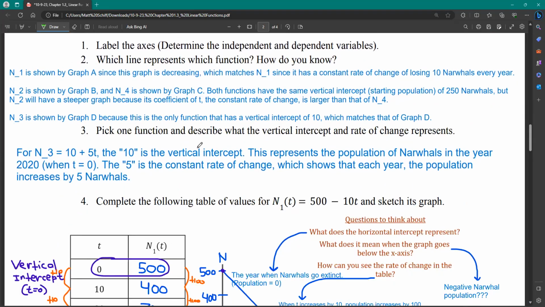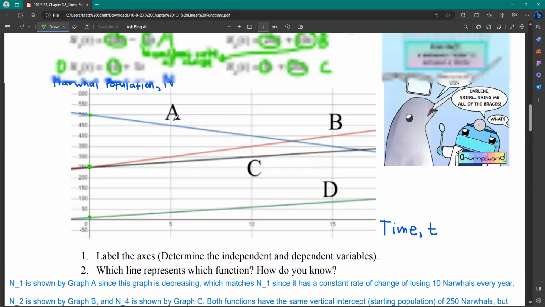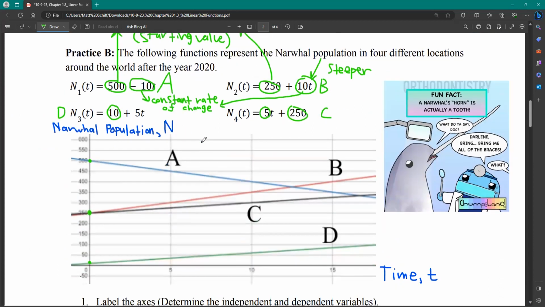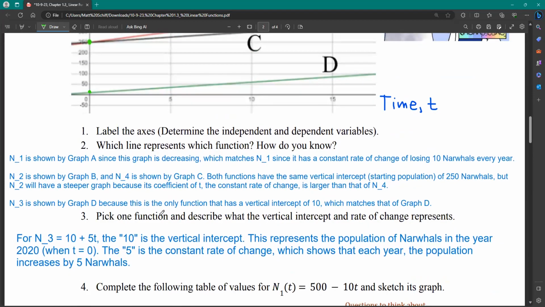Now, because this is a word problem, the vertical intercept and the constant rate of change have meaning, and I've been describing that already. So just to pick one function as an example, in N3 of t, we have 10 as the vertical intercept. It's essentially the starting population of narwhals in the year t equals 0.